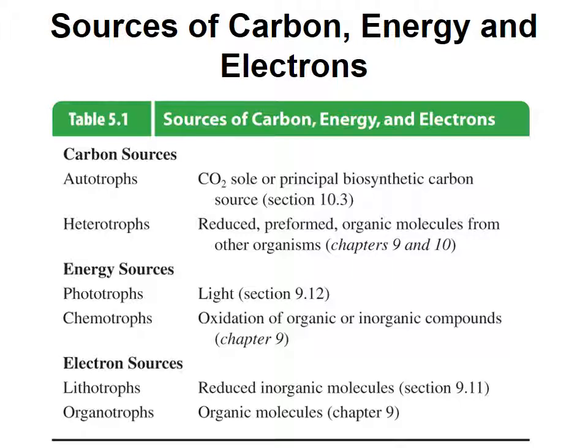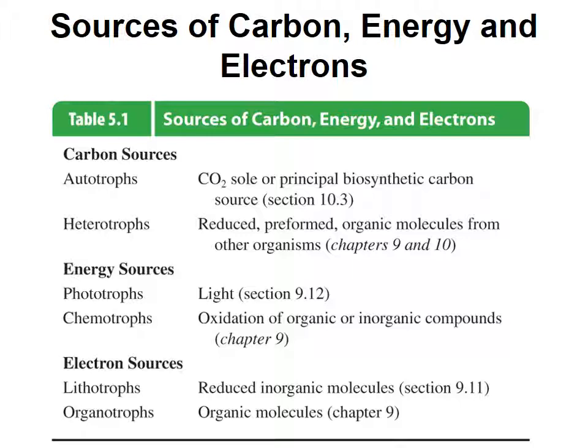Under the subheading electron sources, again, there are two different types: lithotrophs, otherwise known as rock eaters. These microorganisms use reduced inorganic substances as their electron source, for example, sulfur, hydrogen, iron, methane, and so on.